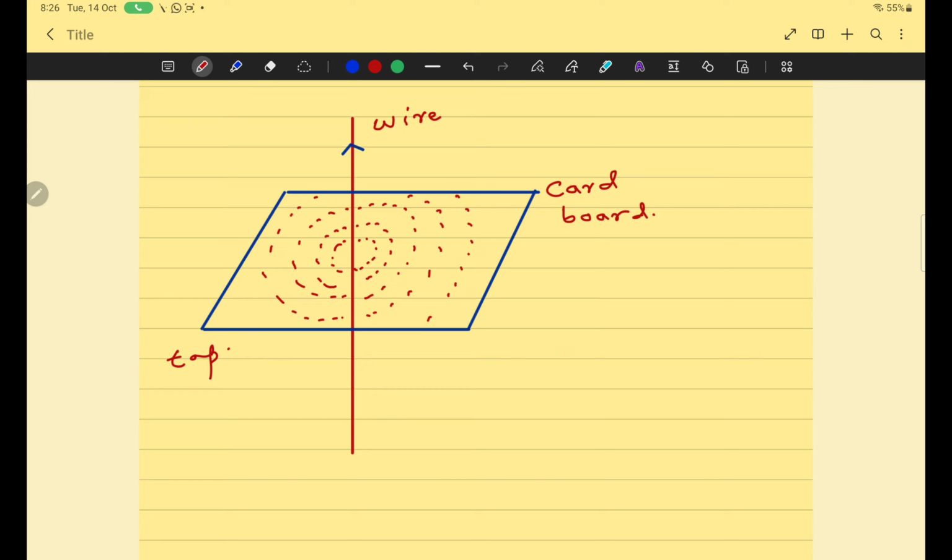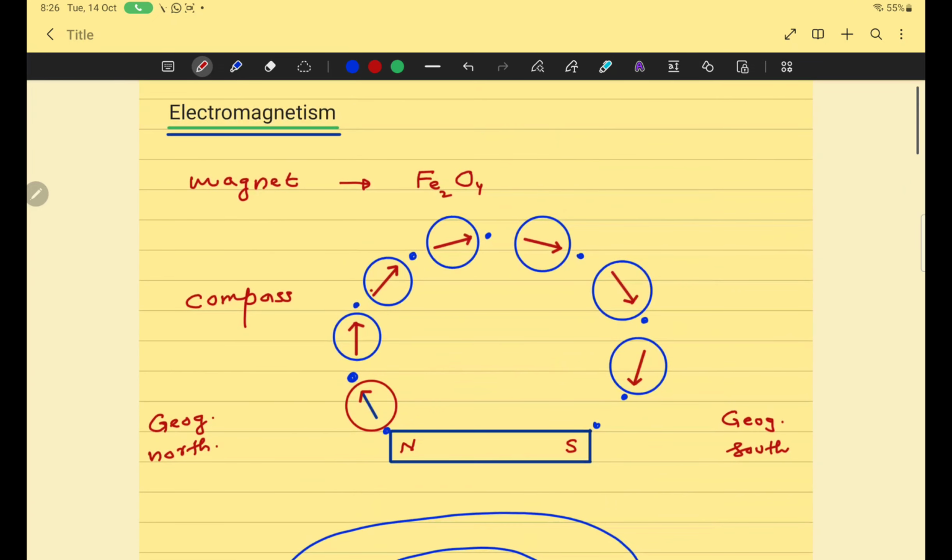A magnetic field is produced around the wire, and it shows that when electric current passes through a wire, a magnetic field is produced around the wire, and the study of this magnetic field is called electromagnetism.